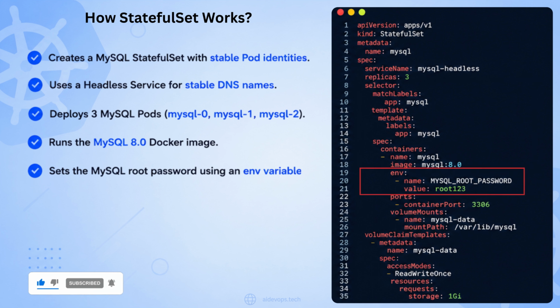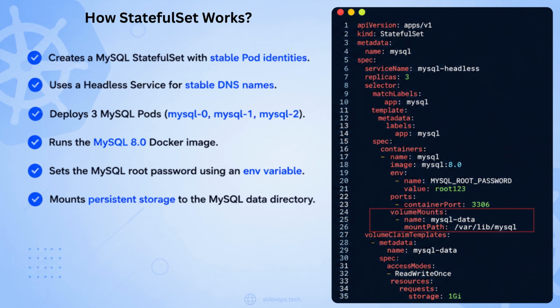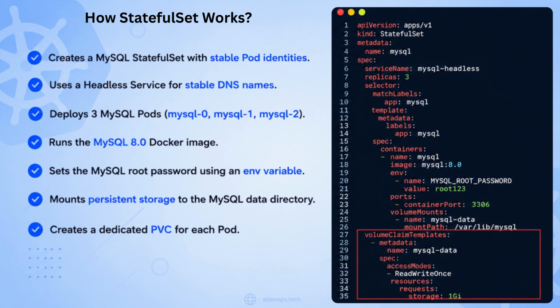The environment variable sets the MySQL root password when the container starts. And the volumeMount connects the MySQL data directory to the persistent storage so data is not lost. And finally, volumeClaimTemplates automatically creates a separate persistent volume claim for each pod. And if a pod is recreated, Kubernetes reconnects the same storage, ensuring the data remains available.